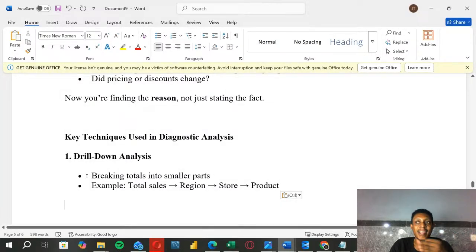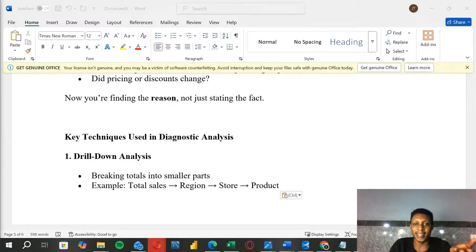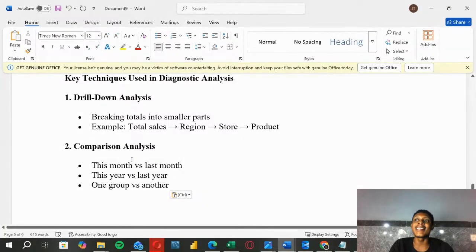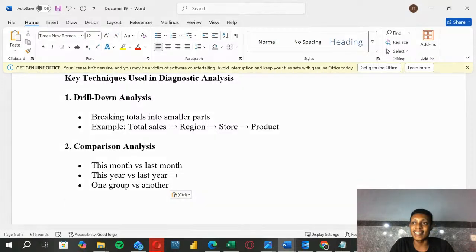Two, comparison analysis: this month versus last month, this year versus last year, one group versus another. These are some of the techniques that you should know.